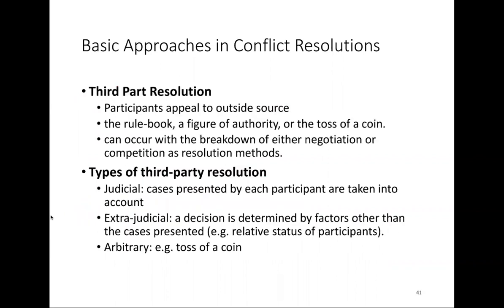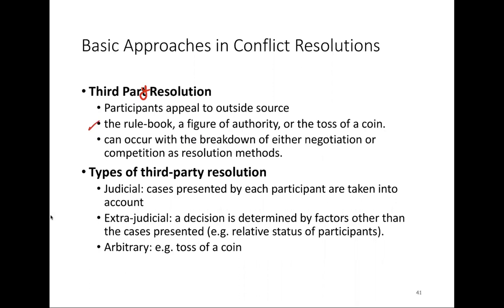A third method in resolving conflict is called third-party resolution. In third-party resolution, they are not able to negotiate, and they decide to have a third party in place. Participants at this point appeal to an outside source. It could be a figure of authority, it could be according to a rule book, or could even be a toss of a coin.